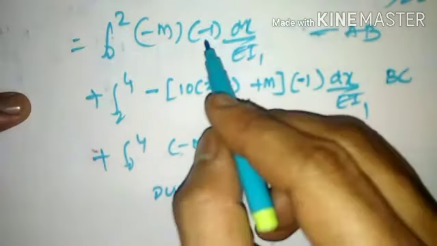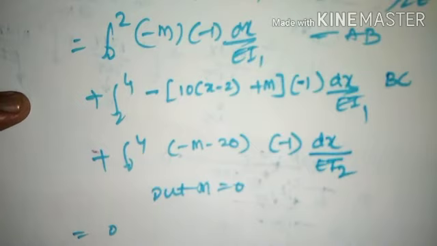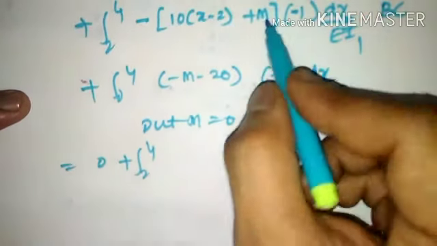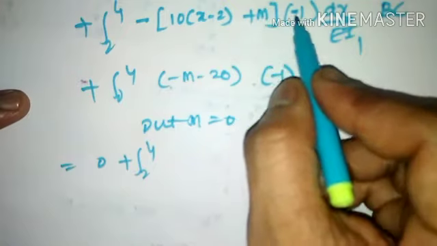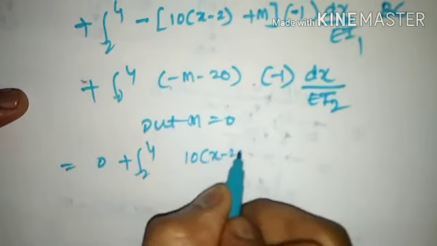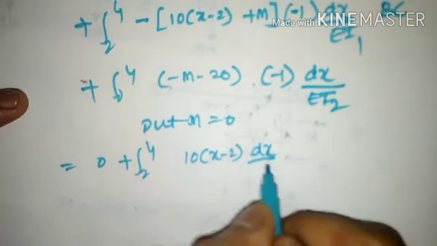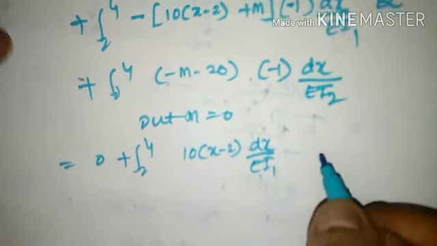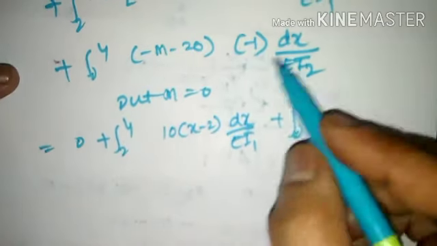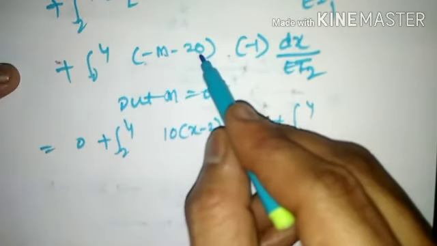So when I put m equal to 0, the first term shall come as 0. The second term, 2 to 4, will be kept as it is. This term, when I put it as 0, minus into minus will become plus. So 10 into x minus of 2 dx divided by EI1. Then 0 to 4, and if I put m as 0 here, it will be minus of 20.